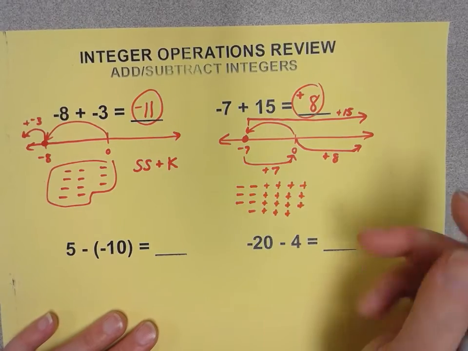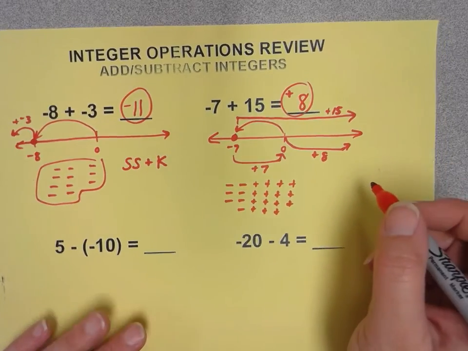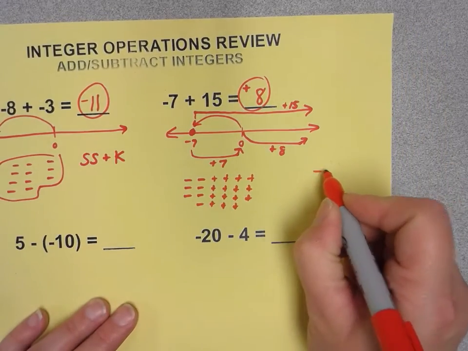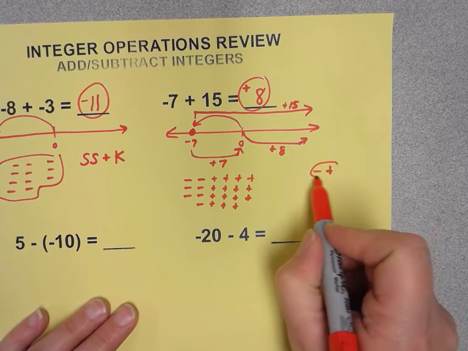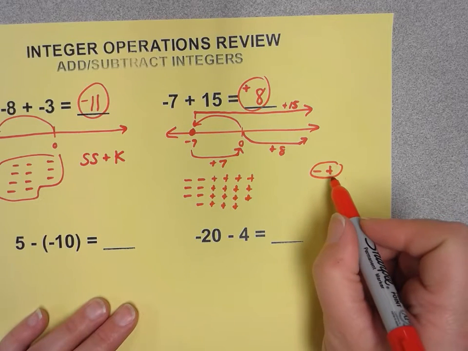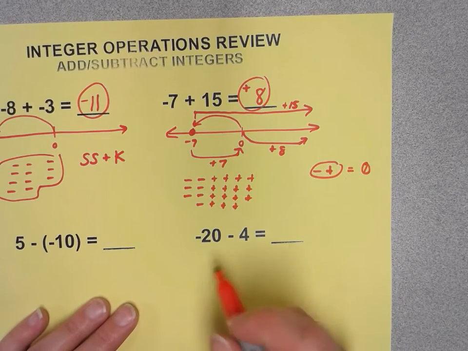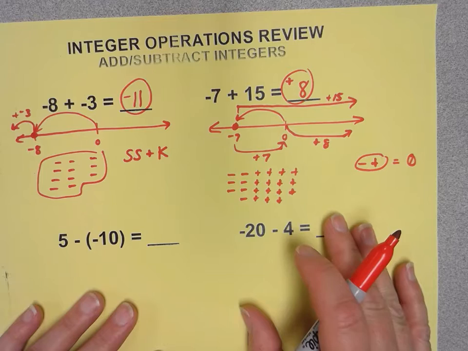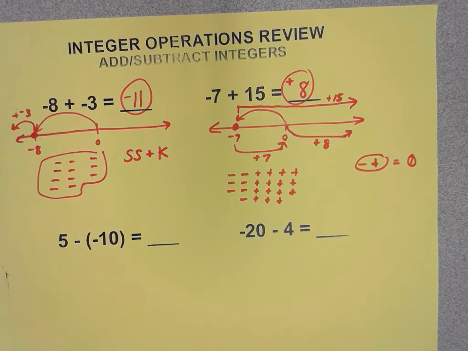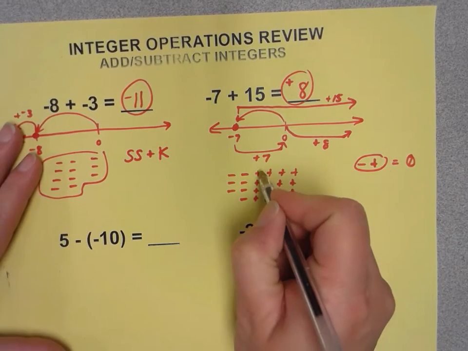I've talked to students about zero pairs, or neutral pairs as they might be called. So over here I'll show you what one of those looks like. If I see a group of a negative and a positive, that is really equal to 0, or a zero pair. So could I find some zero pairs in here? Absolutely. I'm wondering if I could take each of these little negatives and pair it with a positive.